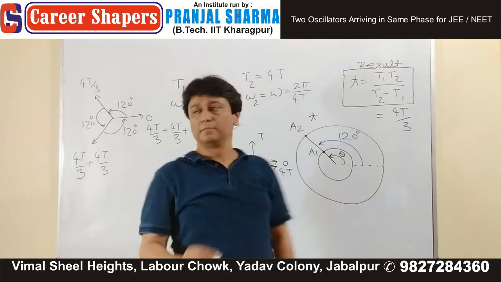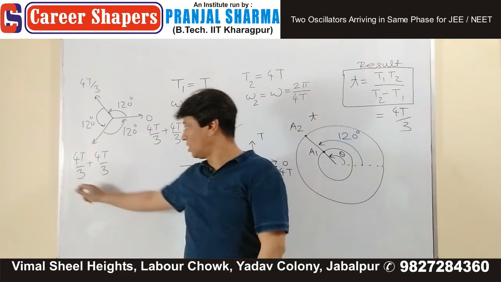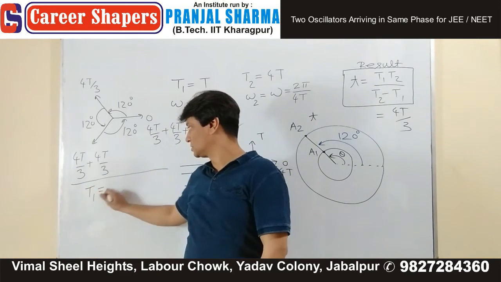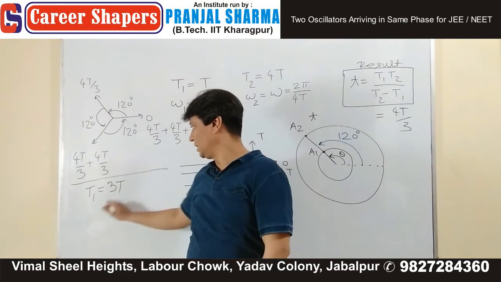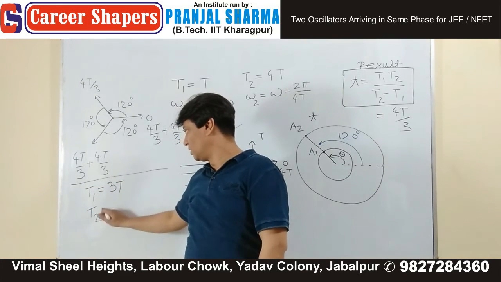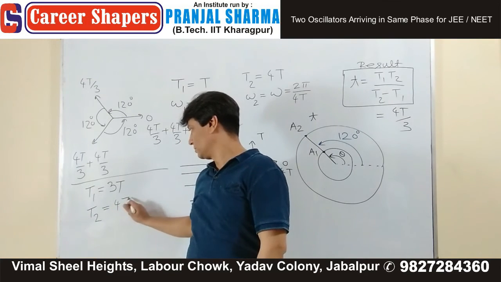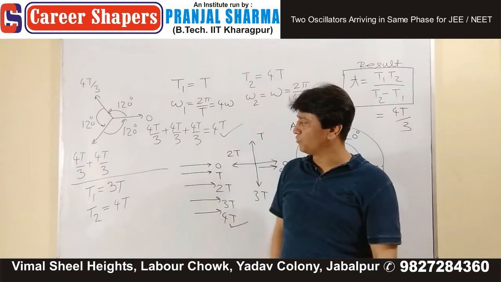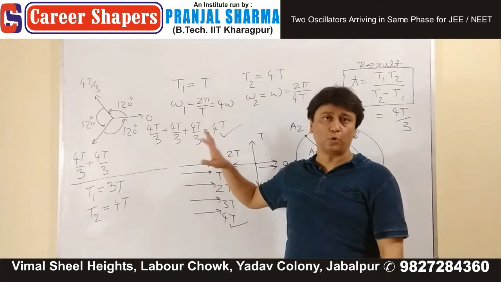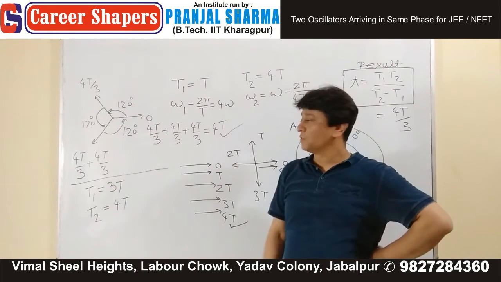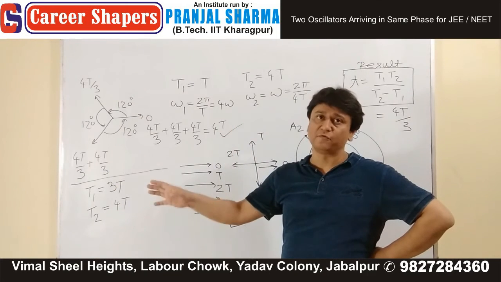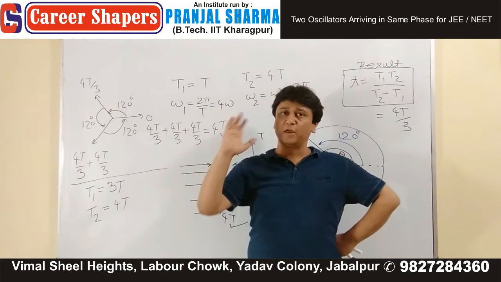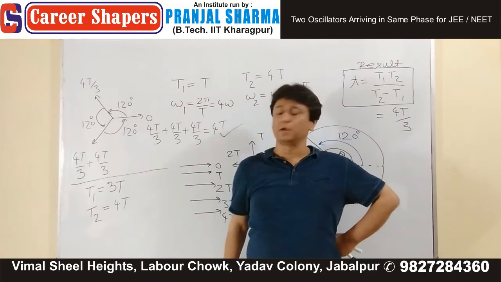Let's say there are two oscillators with time periods 3t and 4t. Answer both parts. The first part is when they are in same phase, and the second part is when they meet at the starting point.